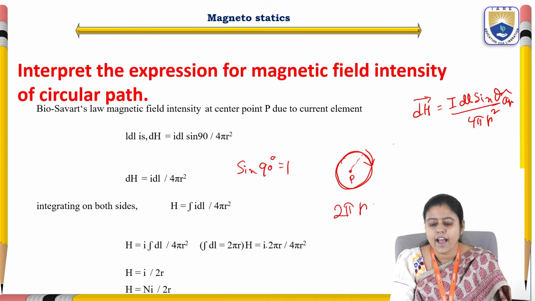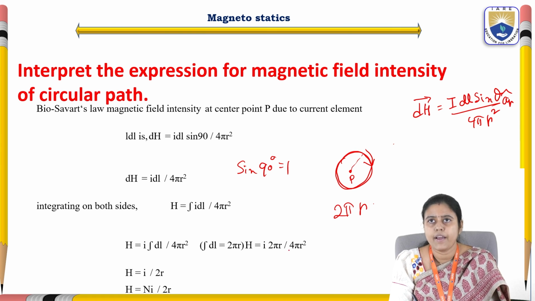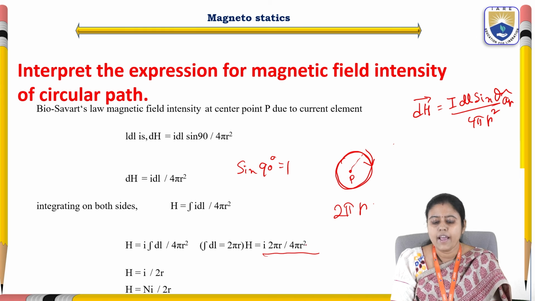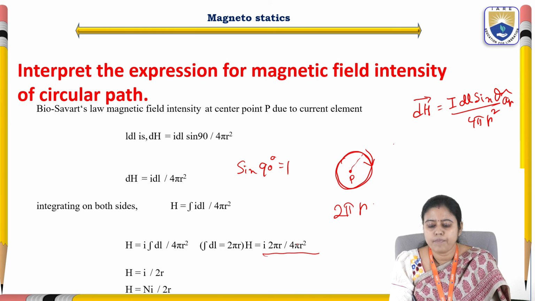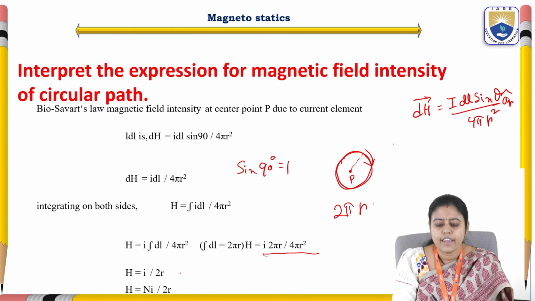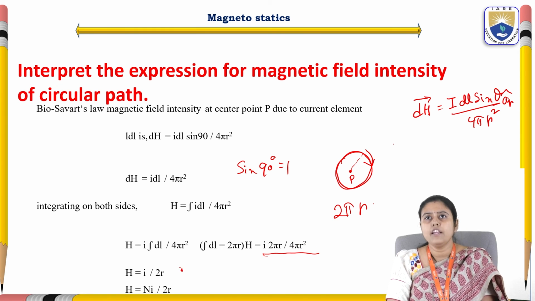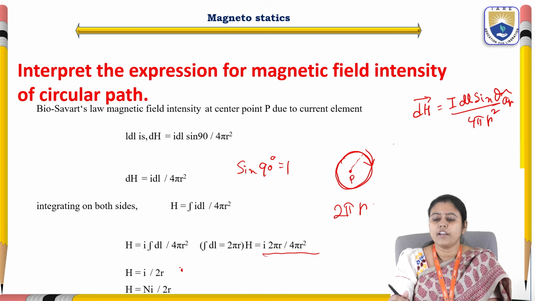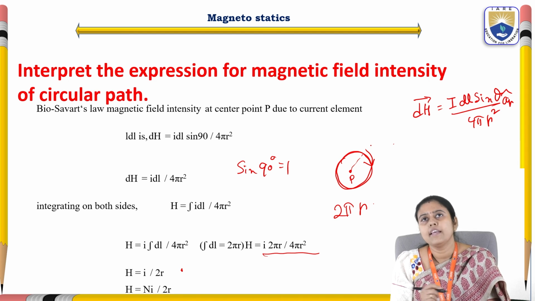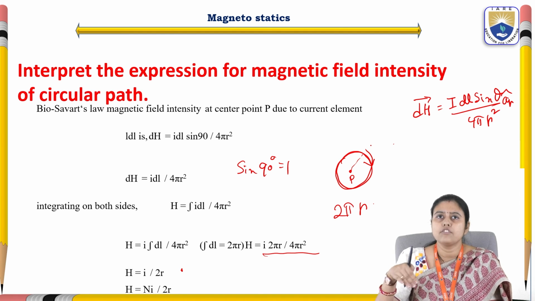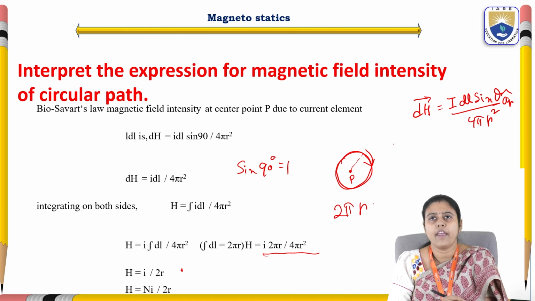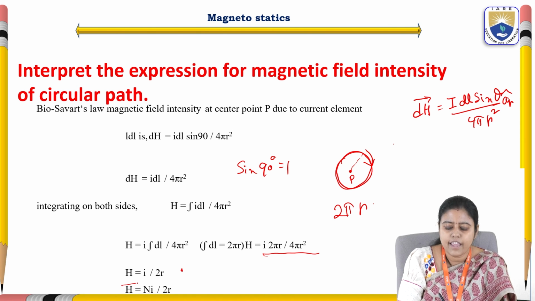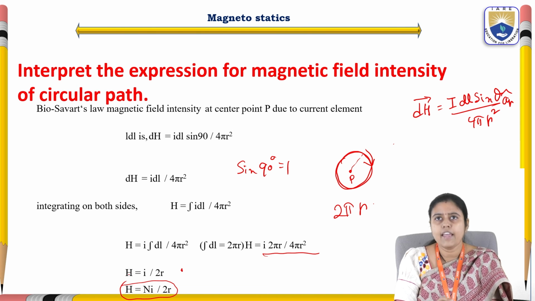So we can write I into 2 pi r divided by 4 pi r square. So pi cancels out, we get H is equal to I by 2r, and this is only for the one turn. If the circular path is a solenoid or there are N number of turns, then H is equal to N I by 2r.